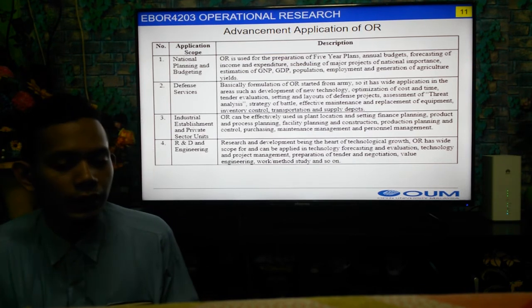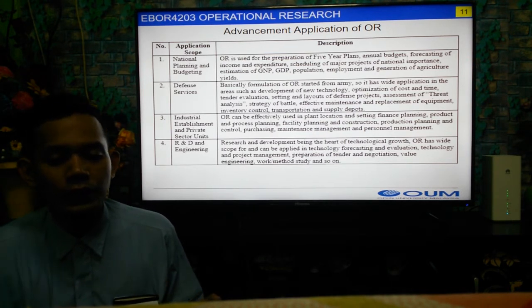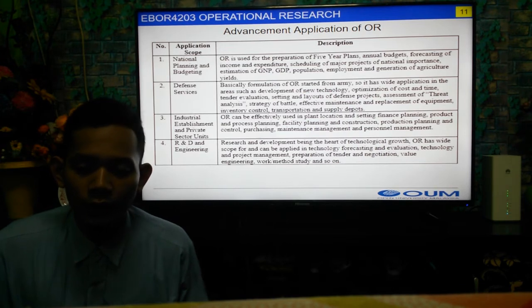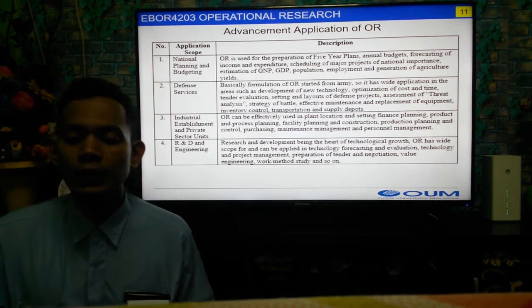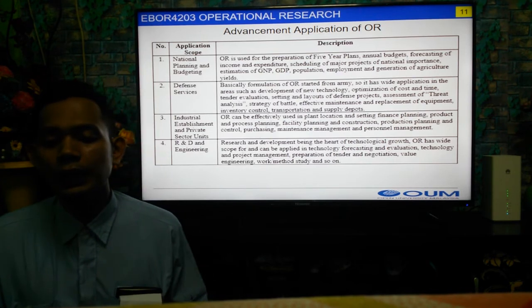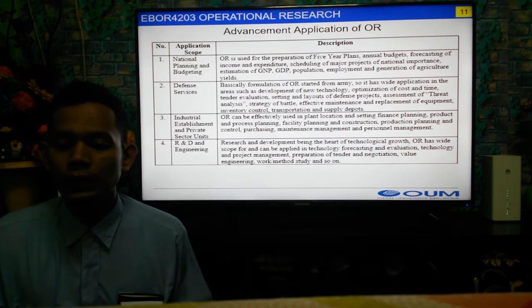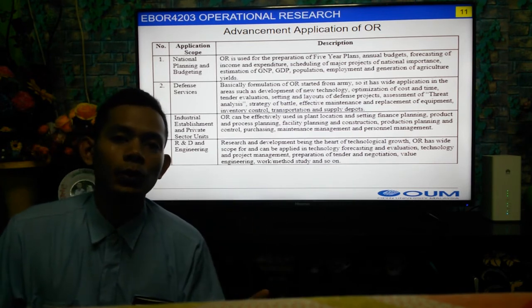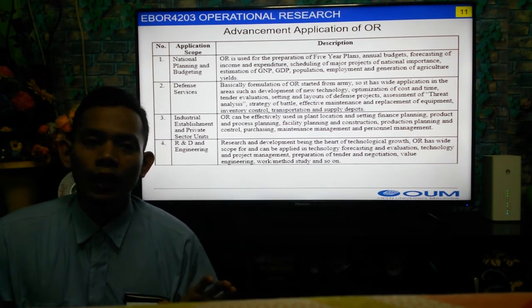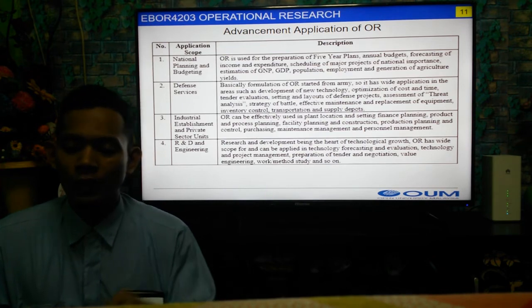The third is industrial establishment and the private sector. OR can be effectively used in plant location and setting, finance planning, product and process planning, facility planning and construction, production planning and control, purchasing, maintenance management, and personnel management. Almost all parts of manufacturing can implement OR.